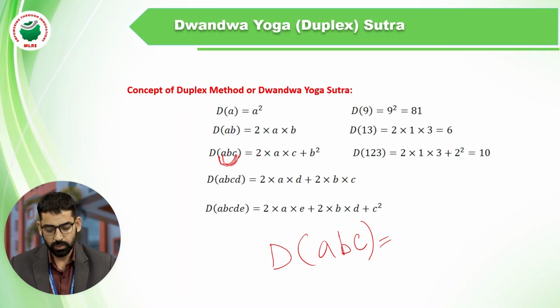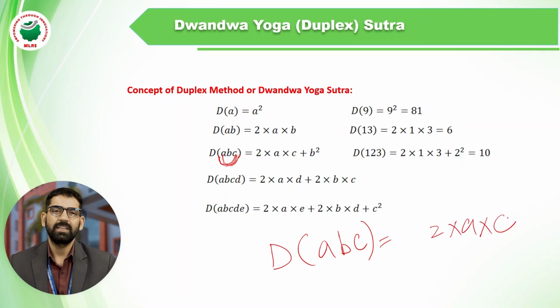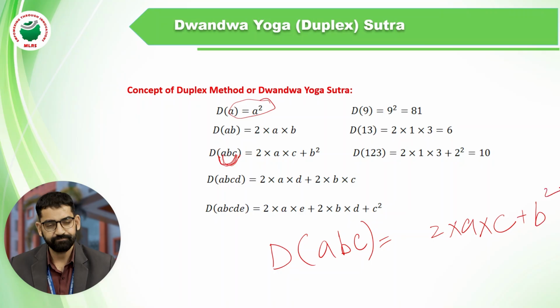So this is 2 into A into C by the previous formula, plus, by formula, this is plus. Then we have a single digit number, and the duplex of a single digit number, as you can see from the first example, is calculated by taking the square of the number. Here the number is B, so plus B square.